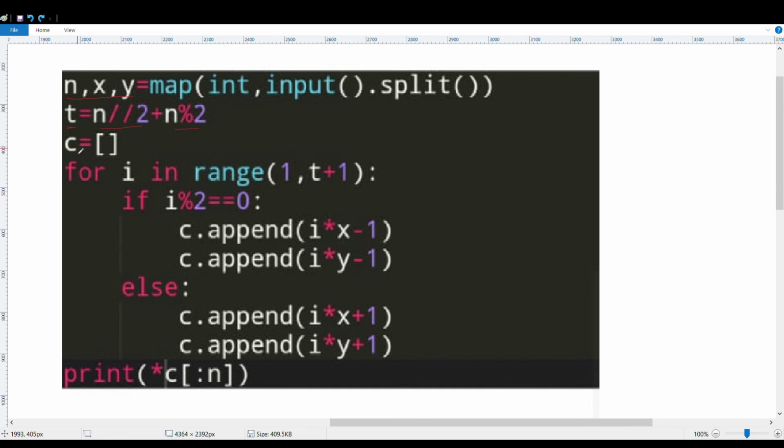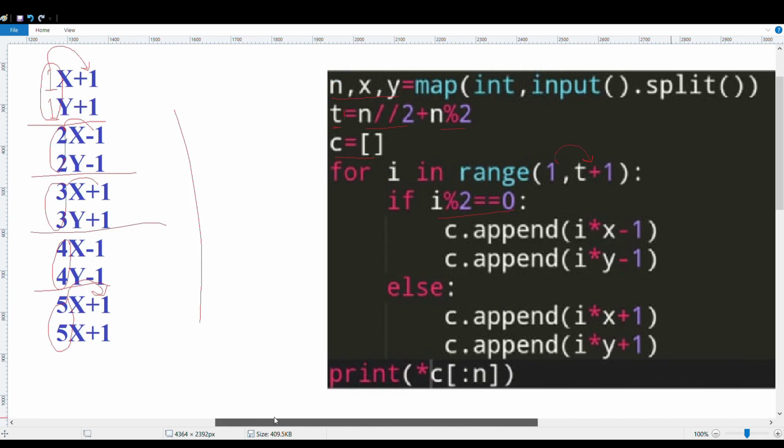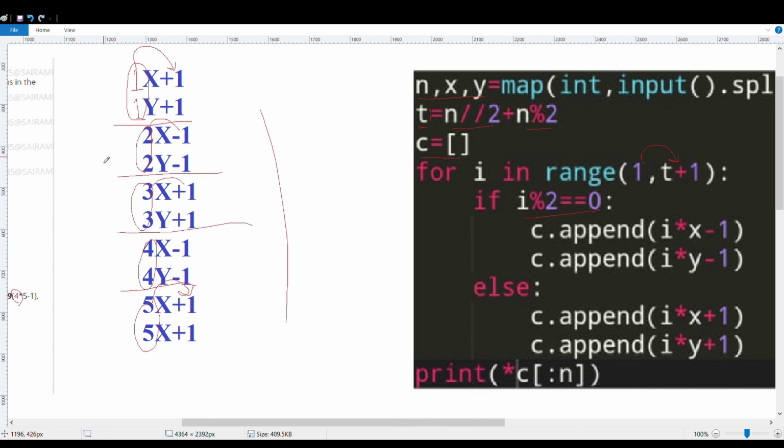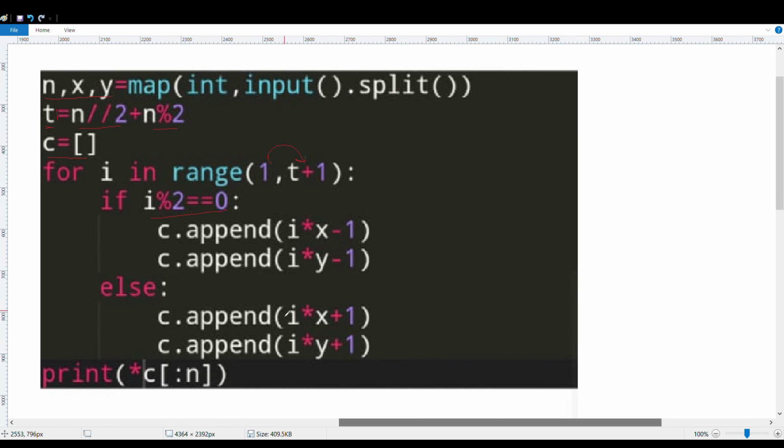Moving ahead, we have an array C. For i in range, from 1 till t, you're checking whether mod 2 is equal to 0. If mod 2 is equal to 0, you give a negative, minus. Else, you add.